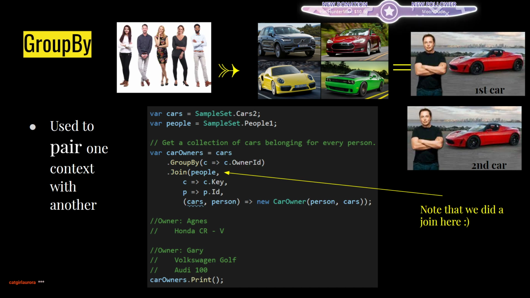So basically, if we have cars and cars have owner ID, we can then say how many cars, for example, or what cars belong to what owner ID. Group by creates a grouping, something very similar to a dictionary where you have some sort of an ID, some sort of a key, and the value will be what belongs to that key.